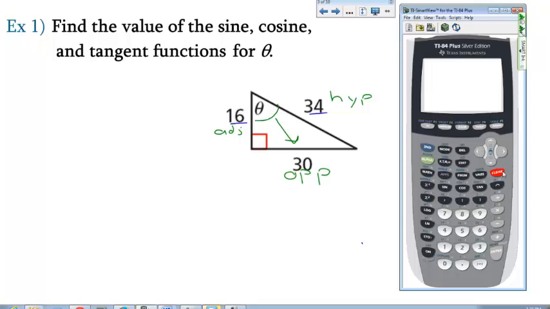Now, if you know your basic trig ratios, you should be able to do this simply by plugging in and reducing fractions. That leaves you with sine of theta equal to the opposite over the hypotenuse, which is also equal to 30 over 34. When we reduce this, we get 15 over 17.